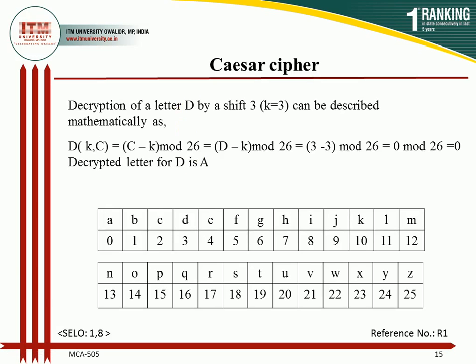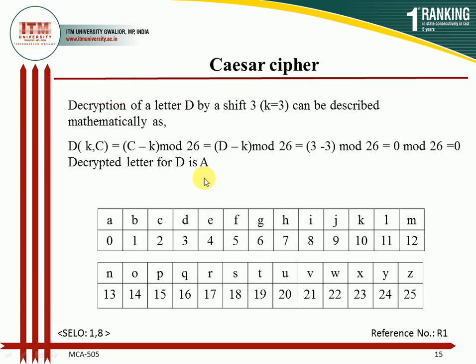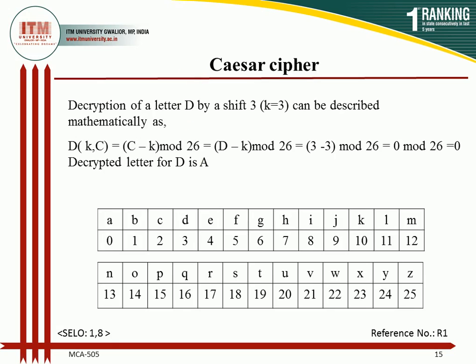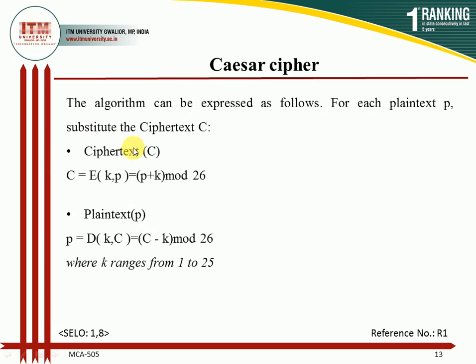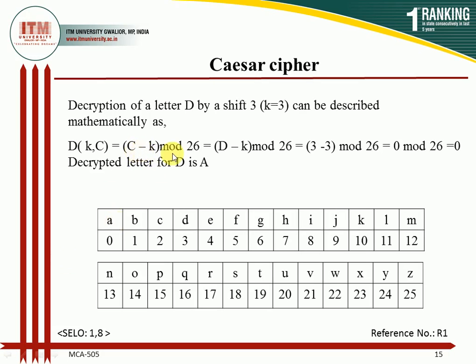Next example is the same example where we perform the decryption. In encryption we convert A to D. Now in decryption we convert D back to A. The question is the same, but the formula is different. Here I will use (C - K) mod 26, as I already defined. C here is the cipher text, which is D, that we encrypted in the previous step.